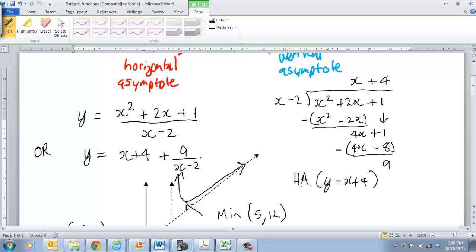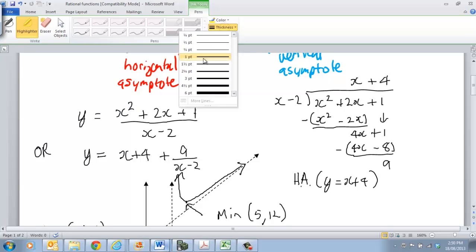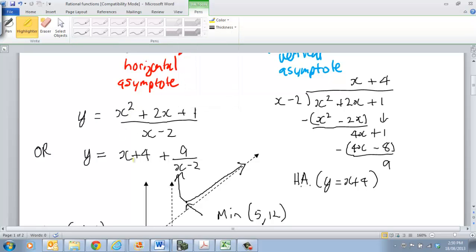So you can identify that my asymptote for this particular function is going to be, in fact, the equation of a straight line.